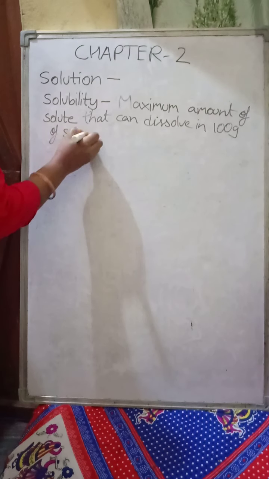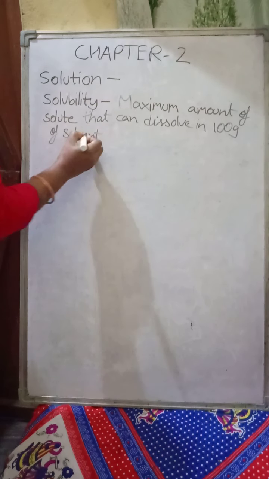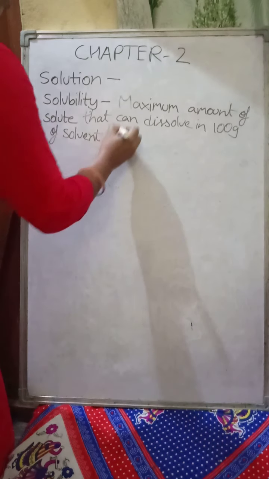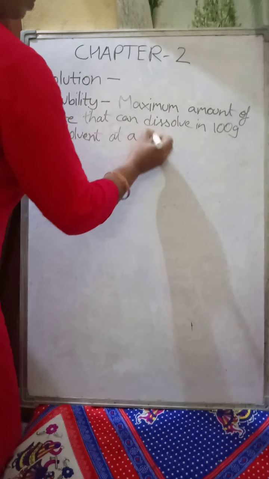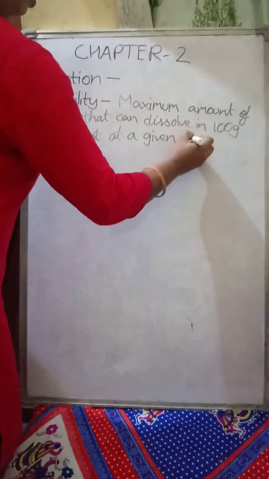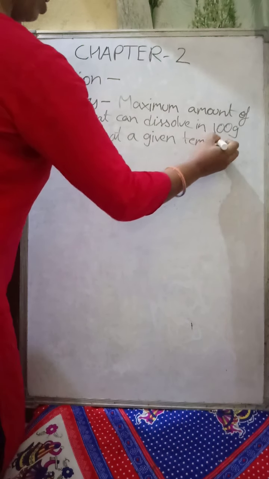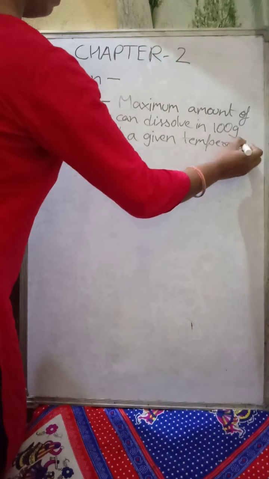The quantity of the solvent should be fixed. So 100 gram of solvent at a constant temperature or at a given temperature is known as solubility.